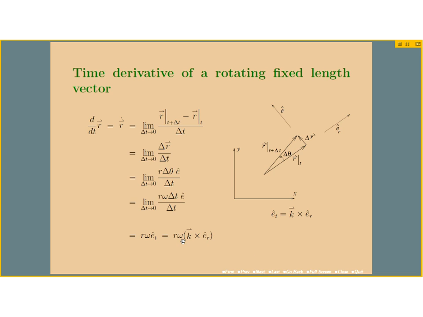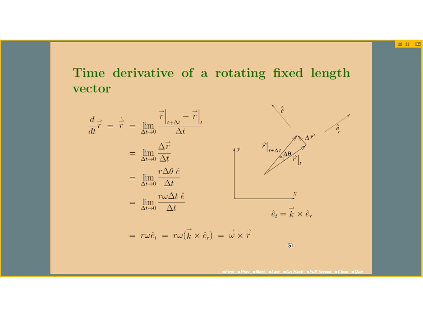And if we now realize that we can group the scalar multiplying the cross product with either one of the vectors in the cross product, or even, it's quite valid, group part of the scalar with one vector and the other part with the other vector. So we can group the omega with the k and the r with the E sub r. If we do that, we find that our time derivative of the vector r is simply the cross product of the angular velocity vector omega with r.